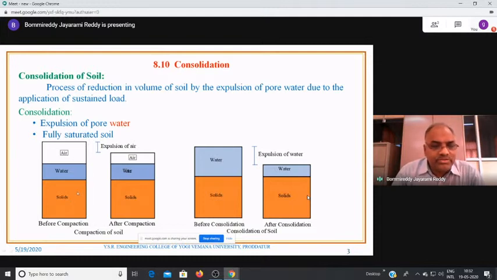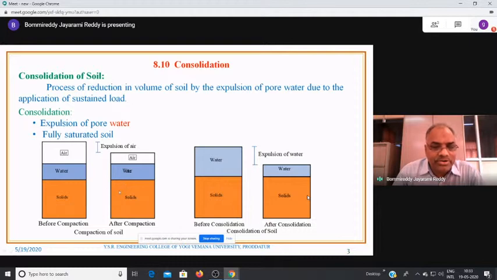Out of these three constituents present in the soil, by means of mechanical application of energy to the soil, the air is expelled from the soil. Initially the volume of the soil consists of solids, water and air. And after applying compactive effort onto the soil, the volume gets reduced.